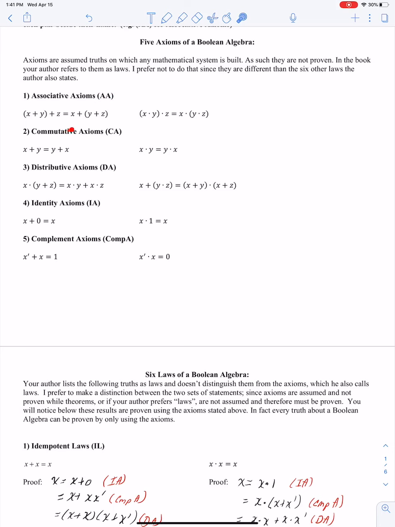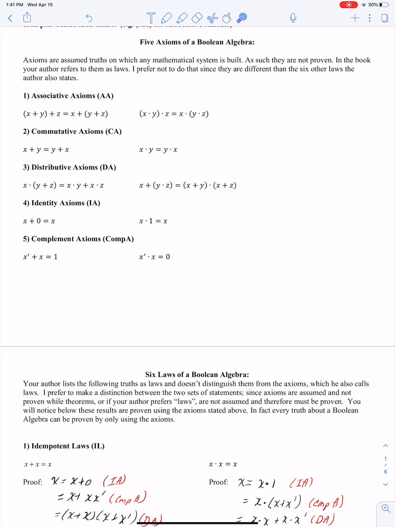I call the commutative axioms CA. Get it? The distributive axioms DA, the identity axioms IA, and the complement axioms I'm going to have to call Comp A because I already have a CA.